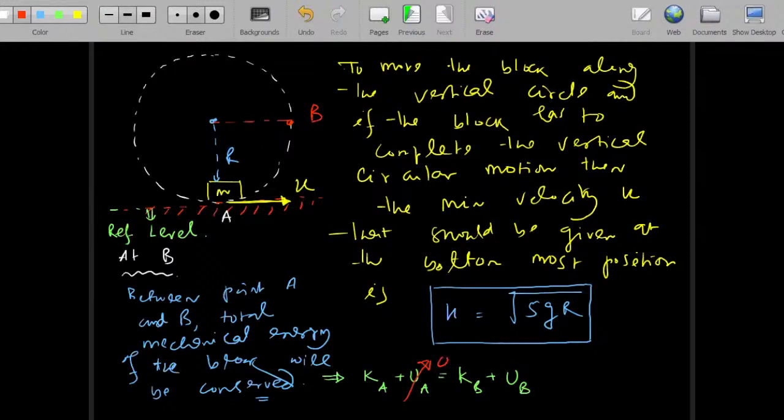So potential energy at that level is 0. Clear?